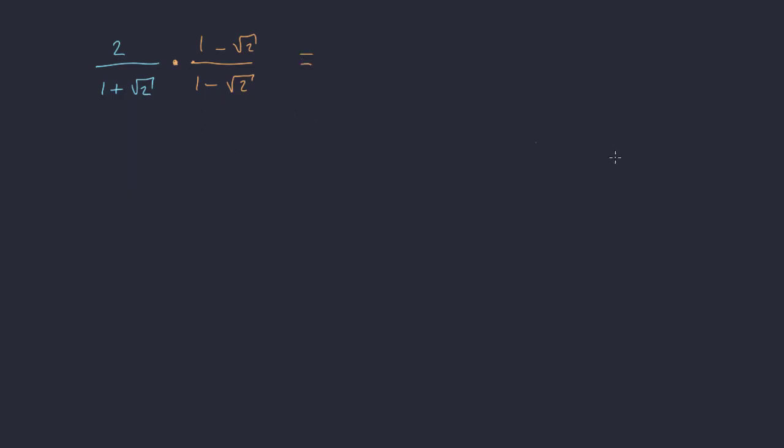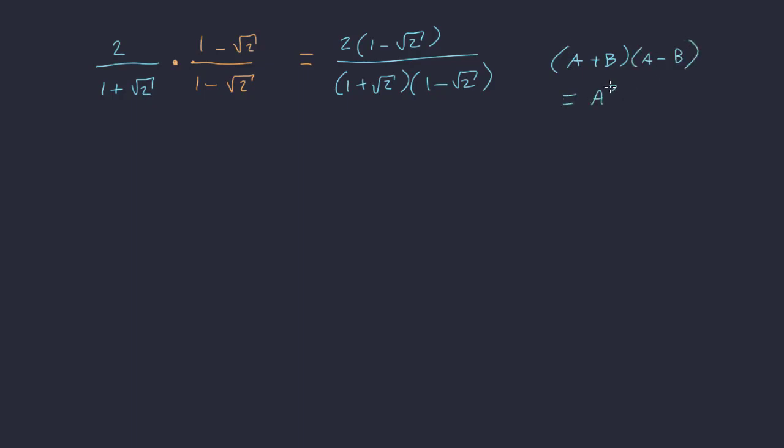Okay, and what that would do is on the top, we would multiply these together. And on the bottom, when you multiply these two guys together, this is what's called a difference of squares, because you have an a plus b times an a minus b, which always comes out to be a squared minus b squared.